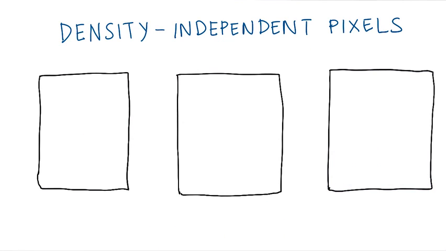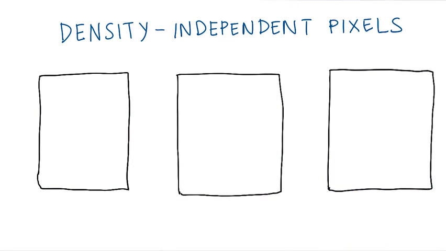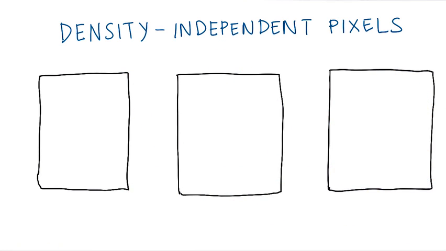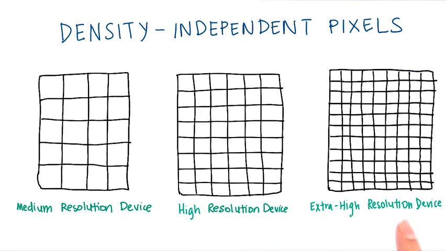Let me explain why we need that. Say these beautifully drawn rectangles represent different devices. They're the same physical size, but they differ in terms of resolution. This is a medium resolution device with a medium number of pixels on the screen, high resolution, and an extra high resolution device.